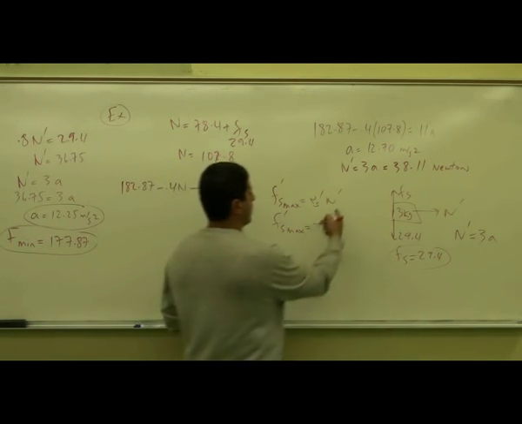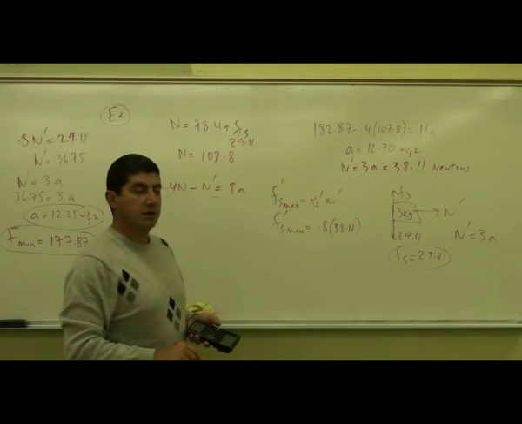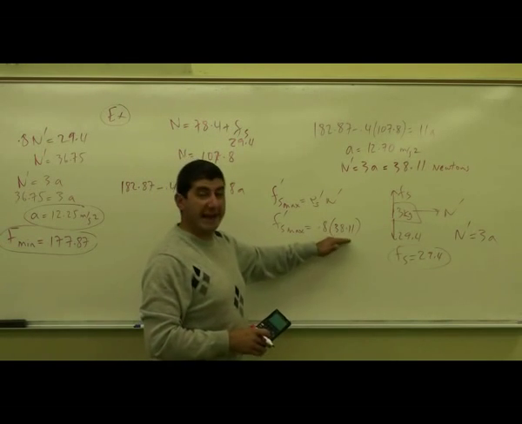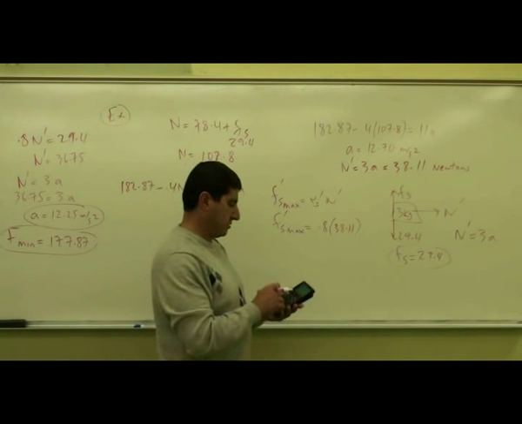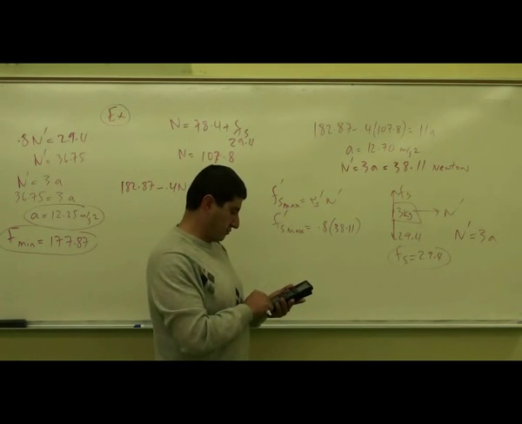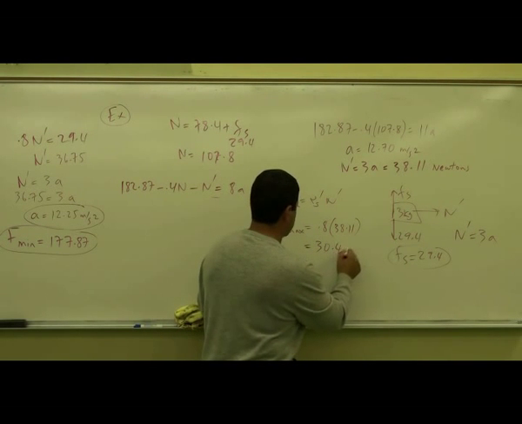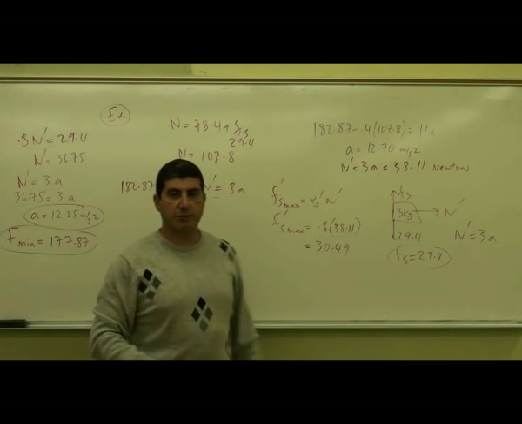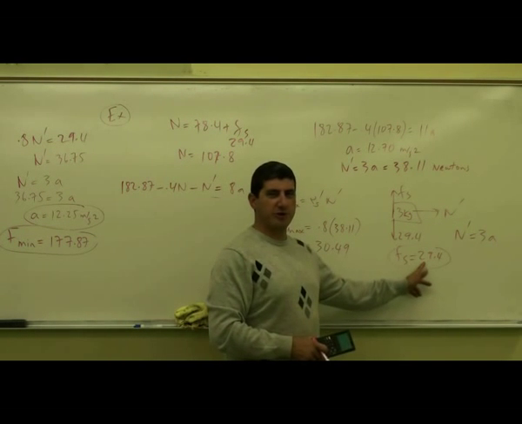You multiply that by the n prime, which is 38.11. In other words, friction can equal a maximum of that value when you're pushing with that force. So you have 30.49. It can equal 30.49. It only needs to equal 29.4.